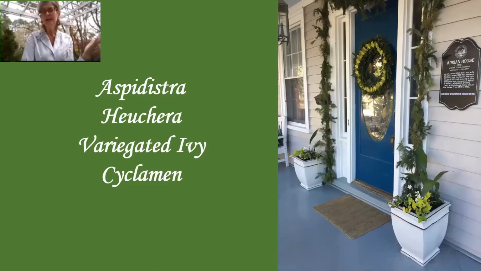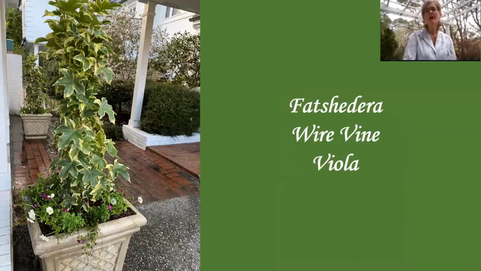So I'd use different colored textures and foliage colors to keep that interesting. And then families walk from their back door to their carport. They might be the only ones who see it, but I use these wonderful Fatshedera topiaries just to break up all the concrete and brick and steel posts and that kind of thing back there.